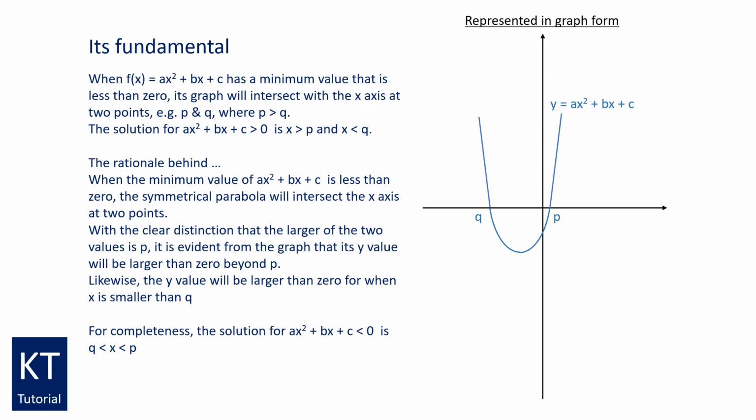With the clear distinction that the larger of the two values is P, it is evident from the graph that its y value will be larger than 0 beyond the value of P. Likewise, the y value will be larger than 0 for when x is smaller than Q. For completeness, the solution for ax² + bx + c being less than 0 is when x is in between Q and P.